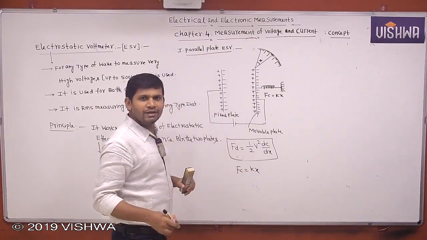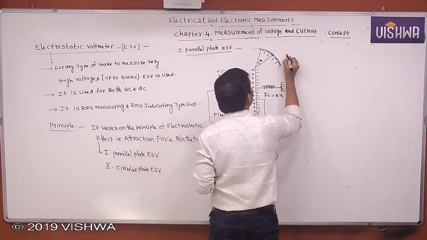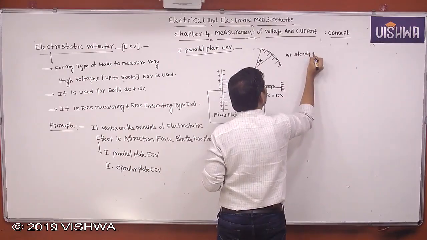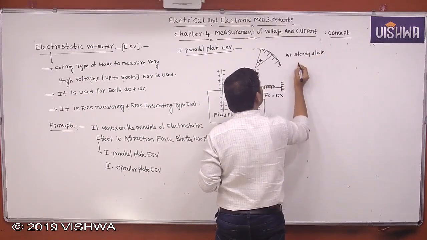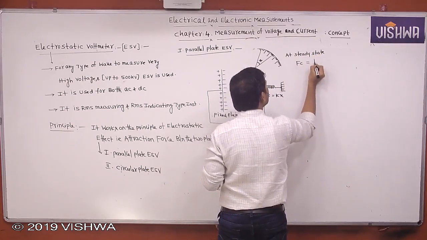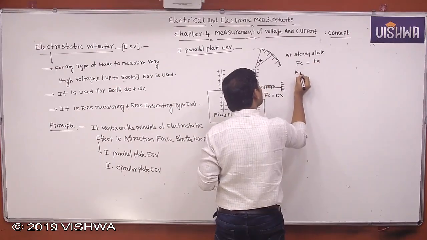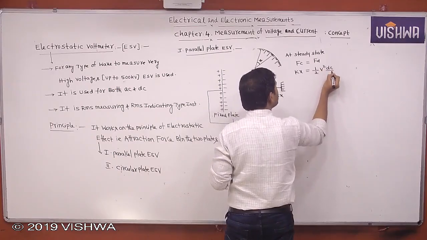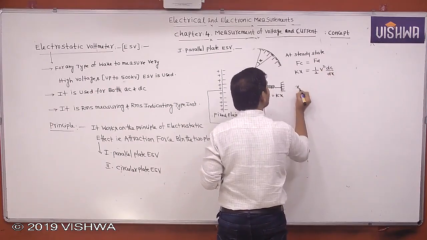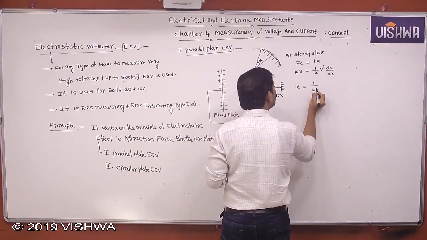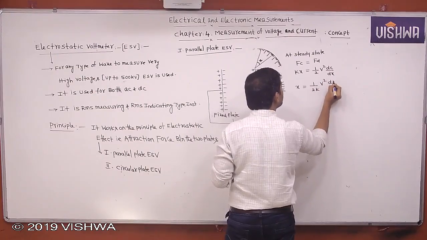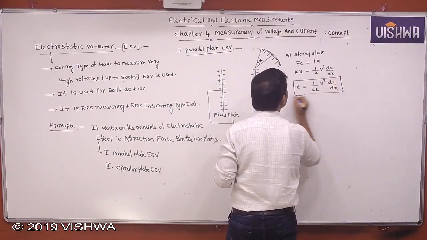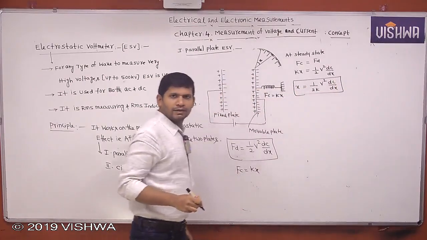At steady state, Fc equals Fd, then Kx equals half V square into dC by dx, so x equals 1 by 2K V square into dC by dx. This is the displacement.